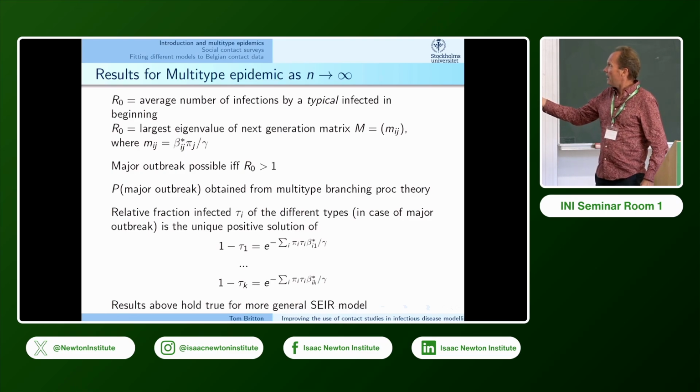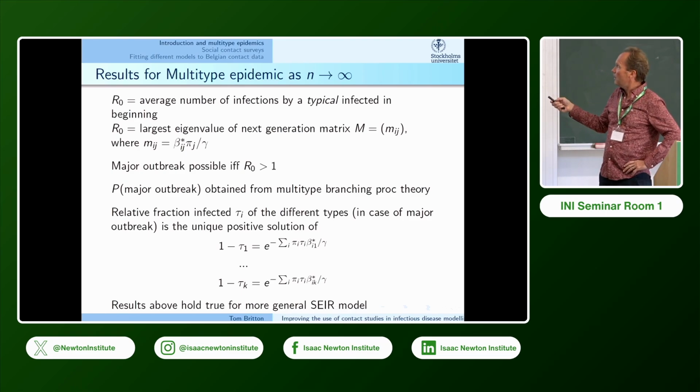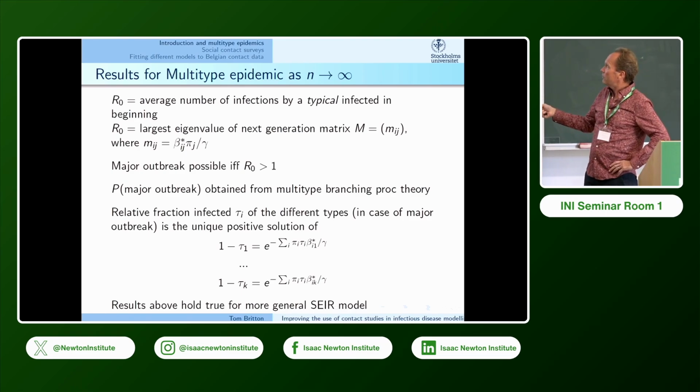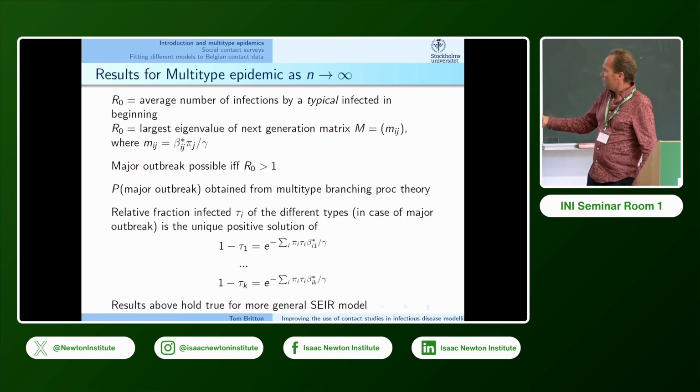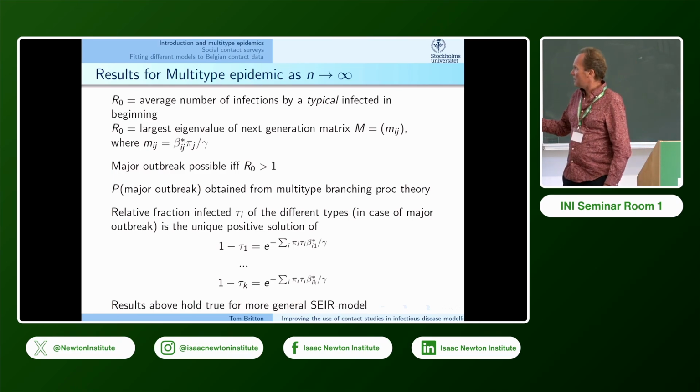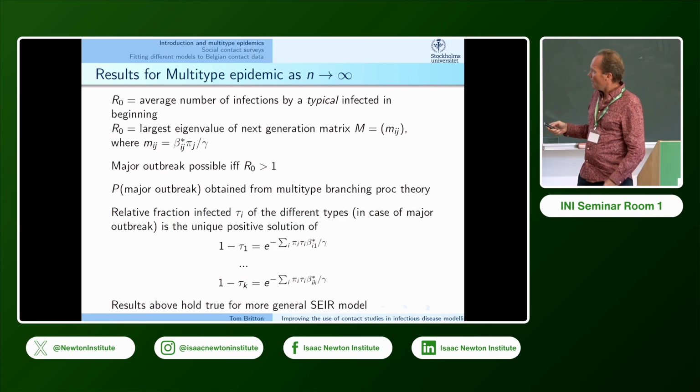That's the largest eigenvalue of this next generation matrix. If you do a probabilistic model, you can also say what's the probability that the epidemic takes off. And you can also compute what fraction will get infected, and that's the solution to this set of equations.